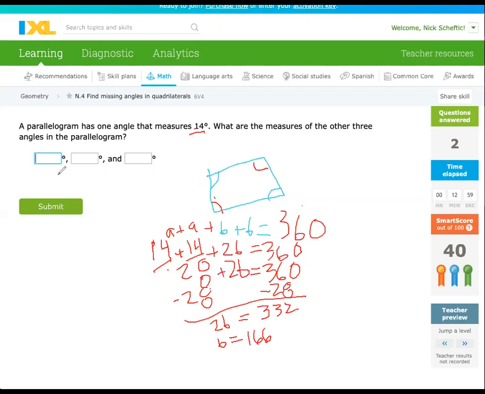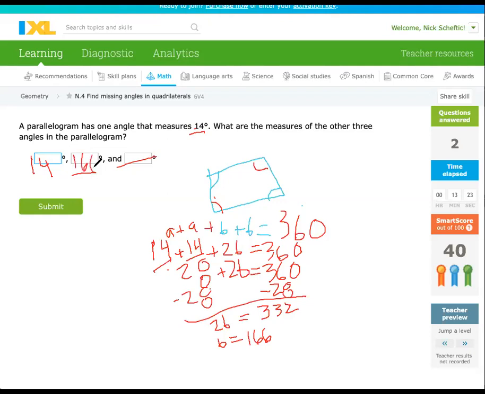One of them I already know. Just going back here, I know this angle is going to be 14. I'm trying to solve for this one and this one. So 28 plus 2b is 360. I'm going to subtract 28 from both sides. I come down here to 332 is equal to 2b, and I'm going to divide both sides by 2. That's going to give me that the two missing angles are 166.